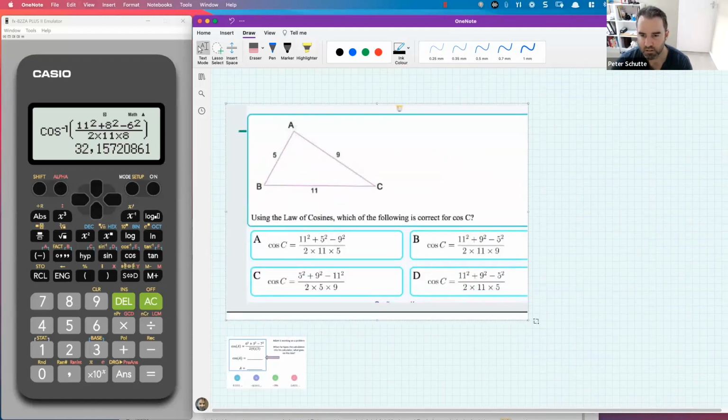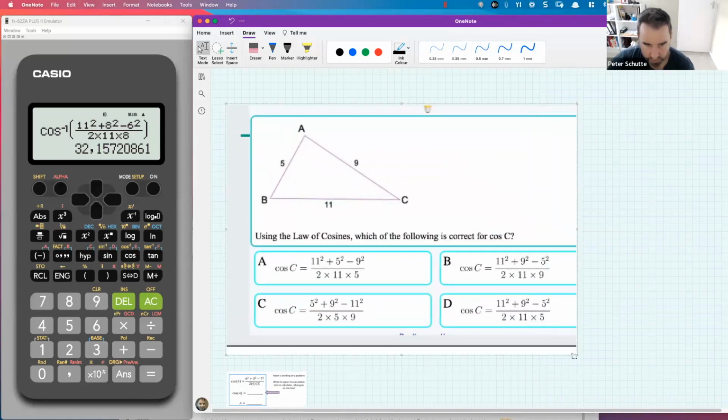Here is your multiple choice question. Using the law of cosines, which of the following is a correct statement for the cos of C? I want you to try and identify which of these 4 is a correct statement. And remember, we're learning how to write the cos rule where the angle is the focus.